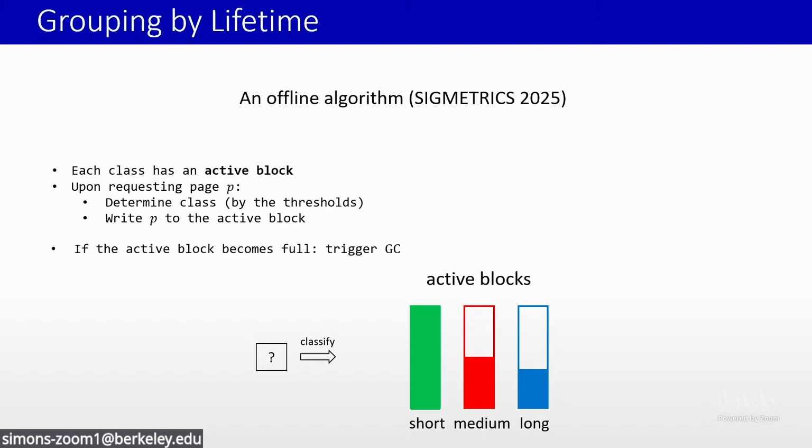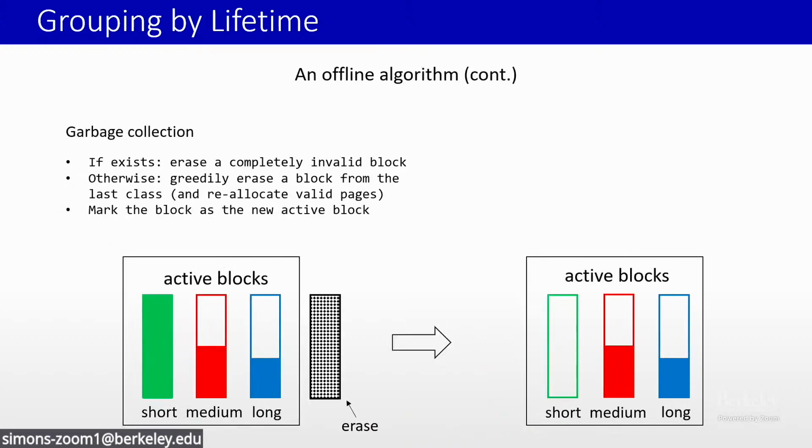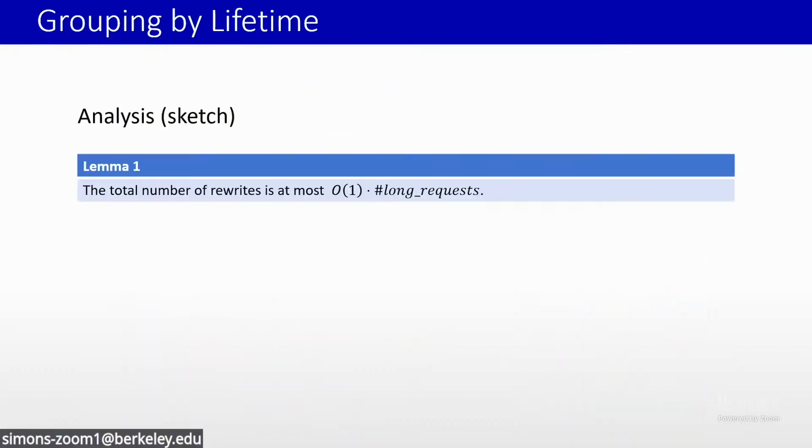What happens when that active block becomes full? Well, then we have to do garbage collection. We either erase a completely invalid block, or we greedily steal a block from the last class. That's where all the long lifetime pages are. We clean it and use that block.